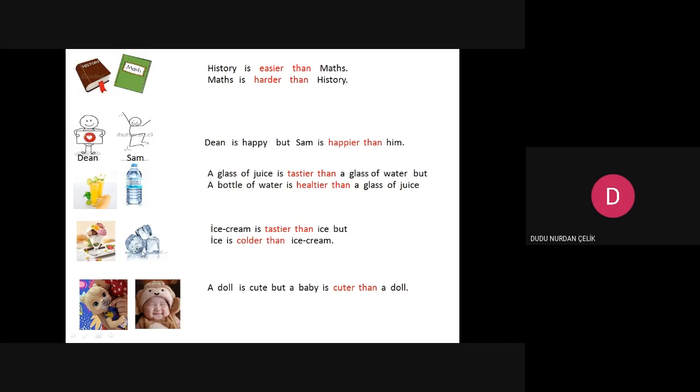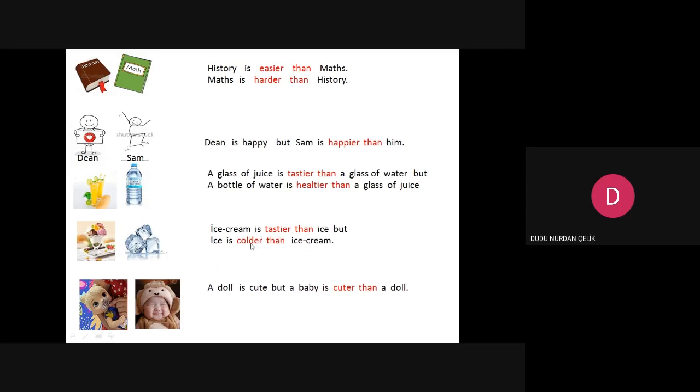Look at this picture. We have got ice cream and ice. Ice cream is tastier than ice. Tastier than, because we compare ice cream with ice. So we say than. Or ice is colder than ice cream. And in this sentence, we compare ice with ice cream.